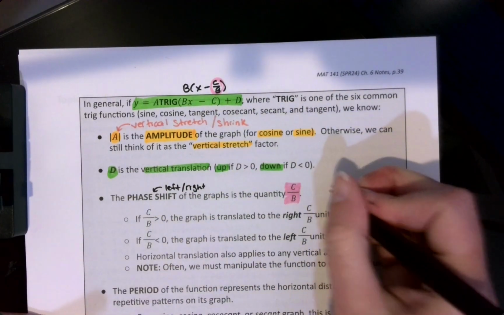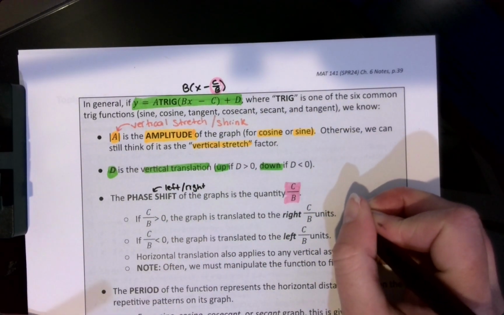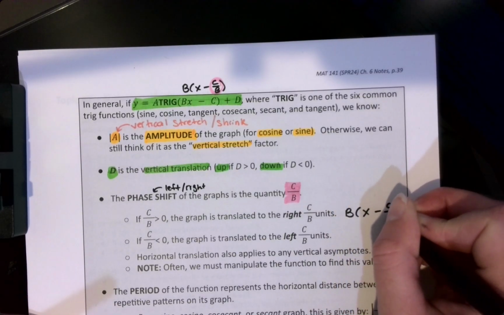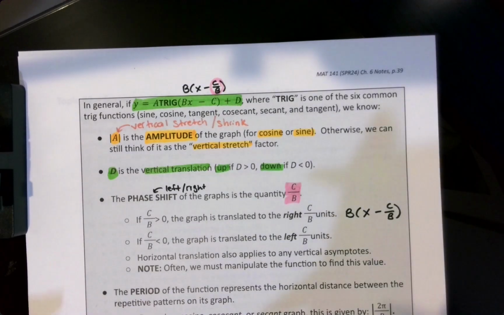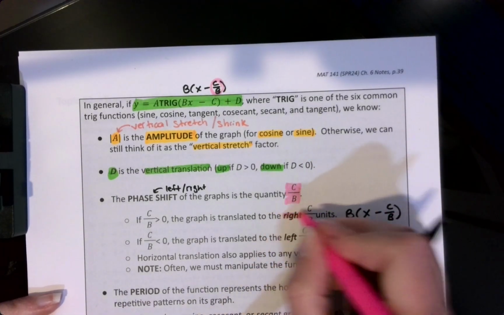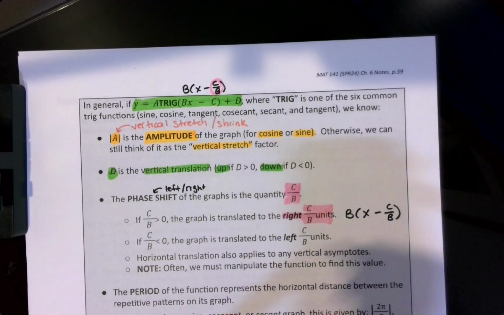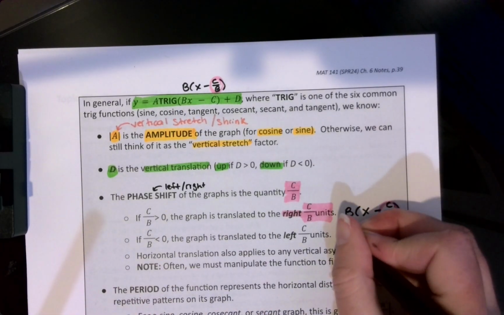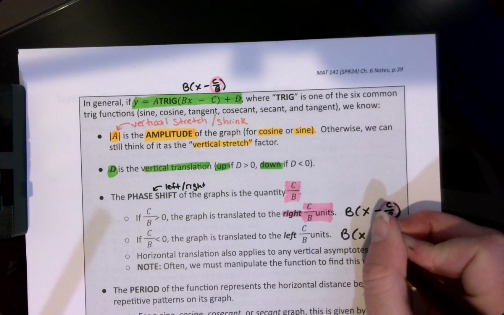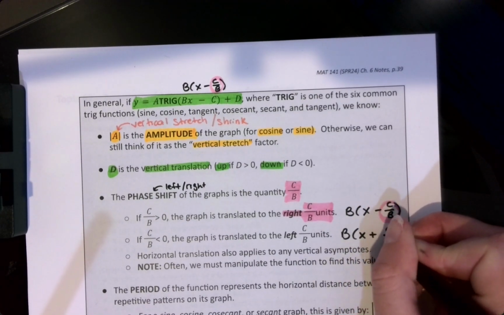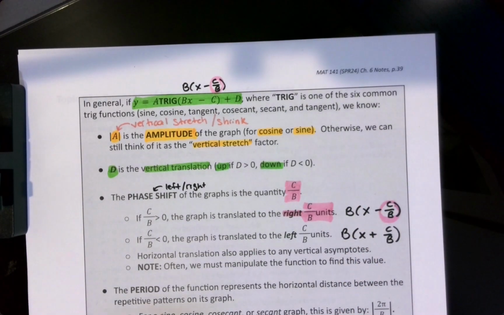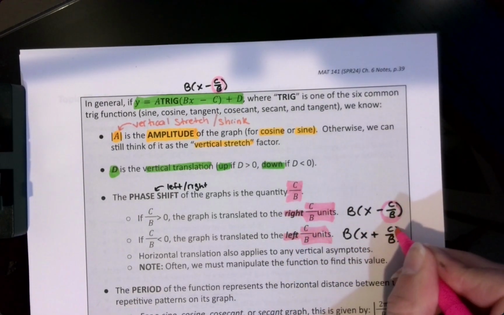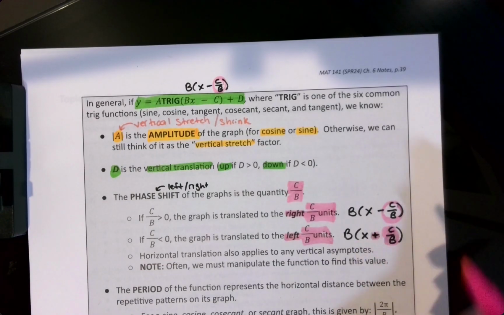So if we see something that has b times x minus c over b, it is going to be a shift to the right by c over b units. But if we have b times x plus c over b, then that's going to be our shift to the left by c over b units, with the addition.